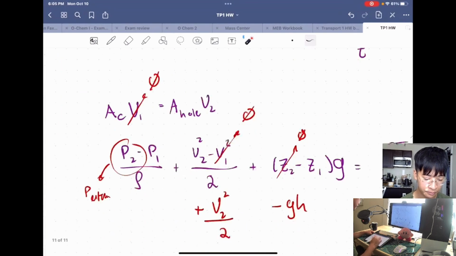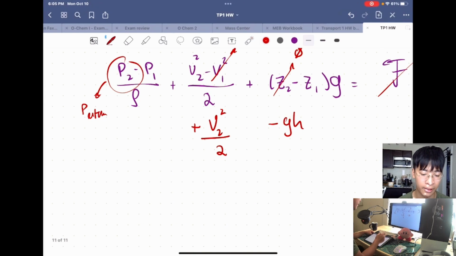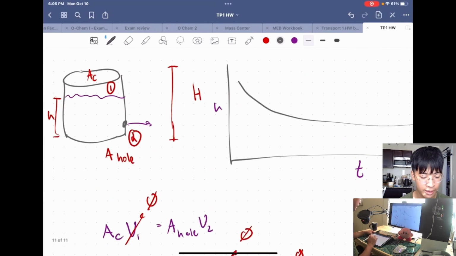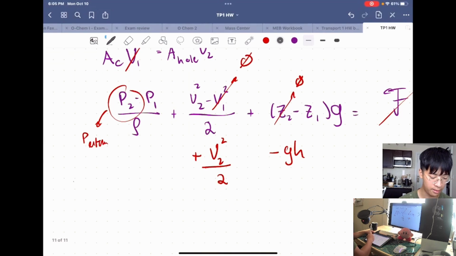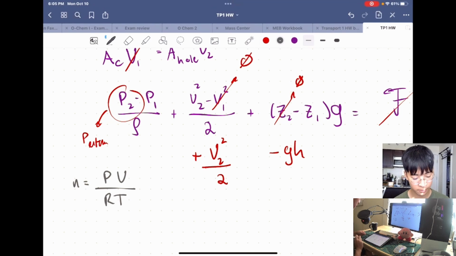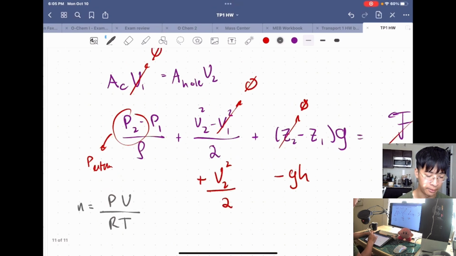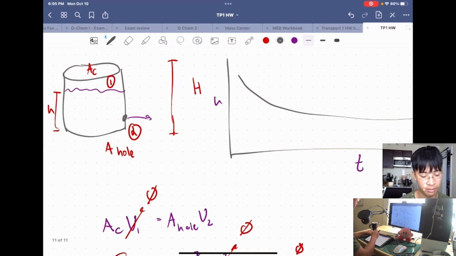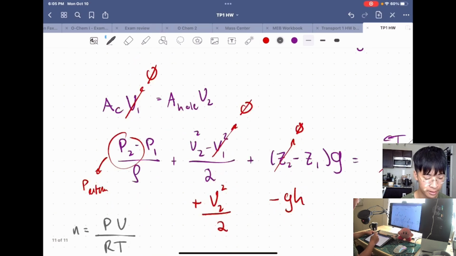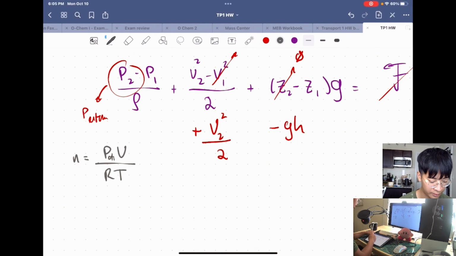But what is moles of gas? We can find a numerical value for that. N equals PV over RT. What's P? The initial pressure here is atmospheric pressure, which makes our lives rather easy.